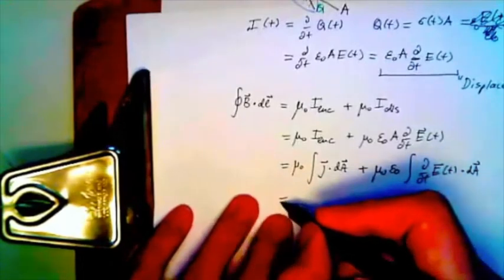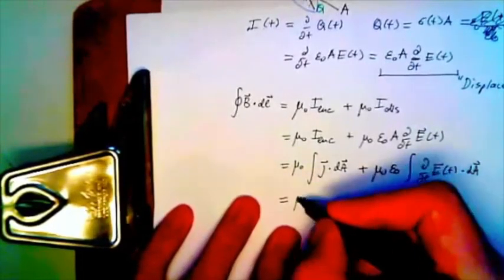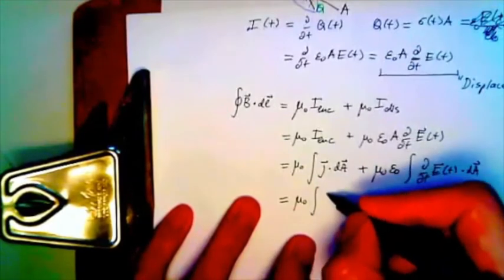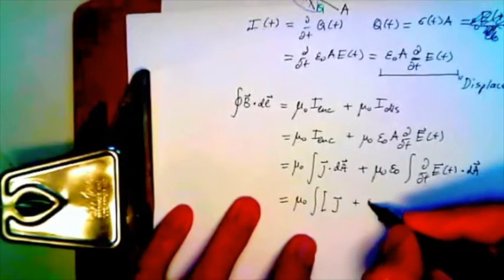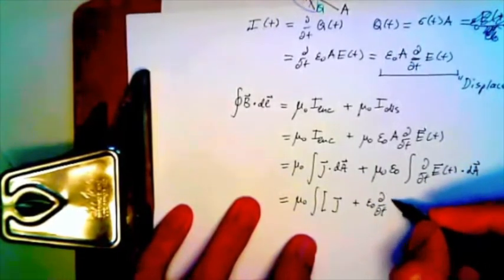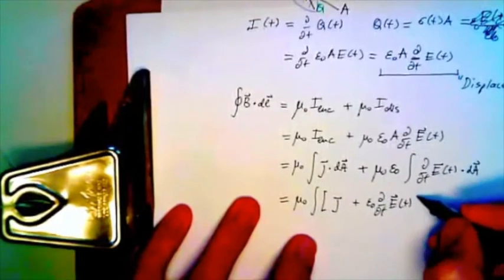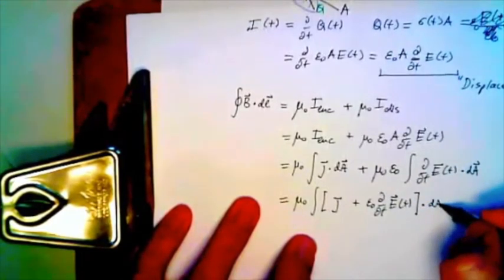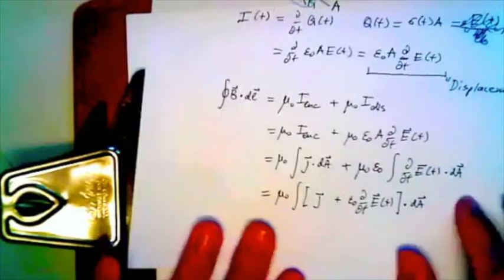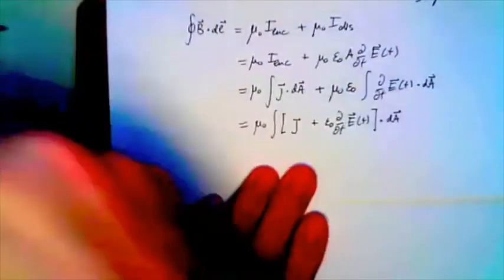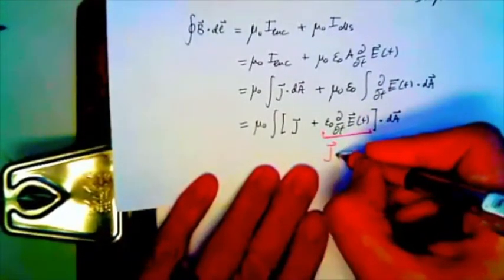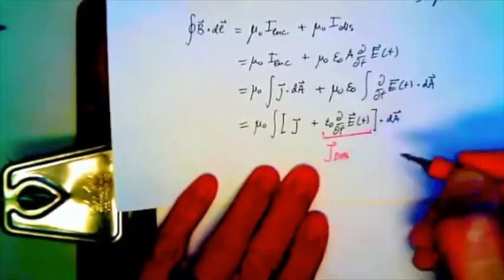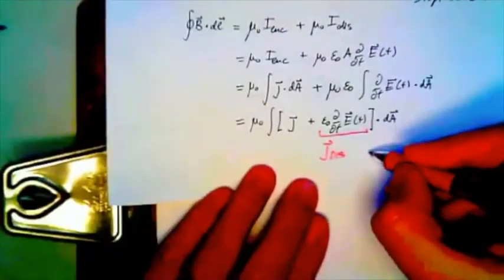Or put it together, mu naught integral J plus epsilon naught d/dt of E dA, where this is now the J displacement. So that's the displacement current density.